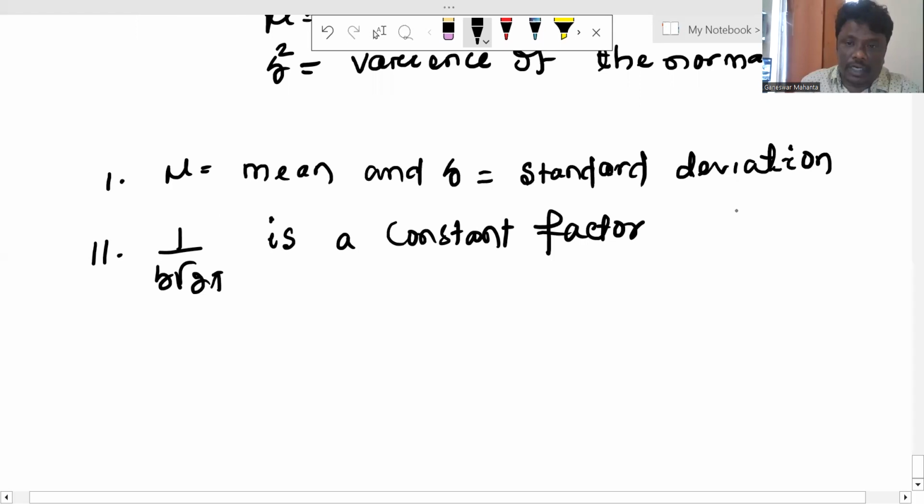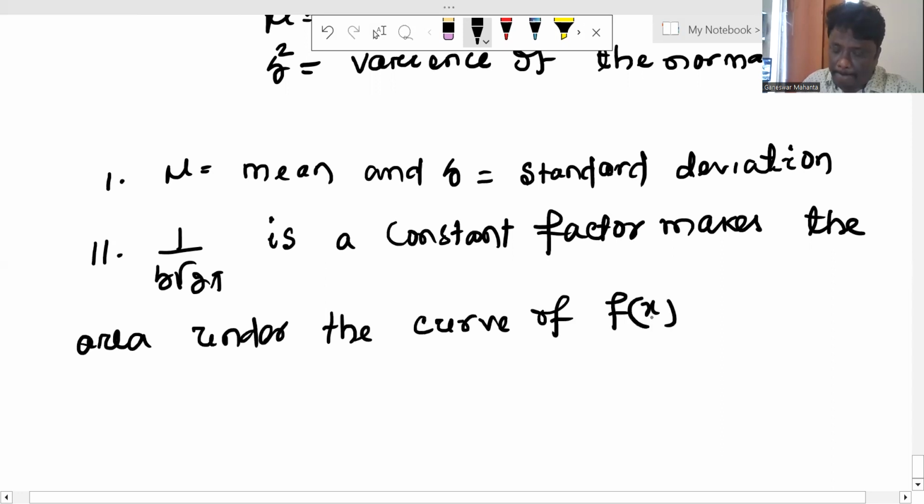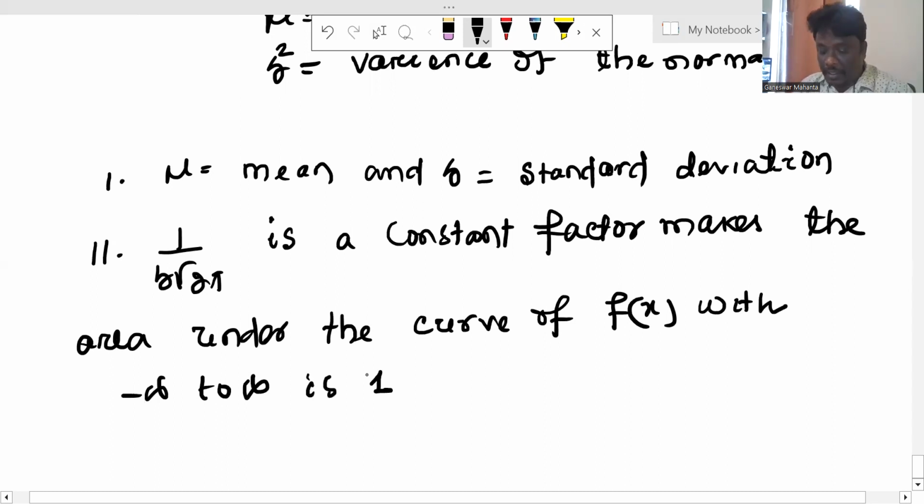It makes the area under the curve of the function f(x), within the limits minus infinity to infinity, equal to 1. The area under the curve of this function is equal to 1.